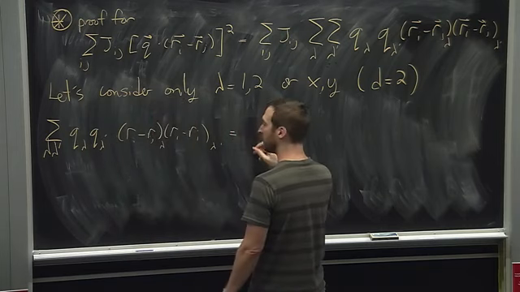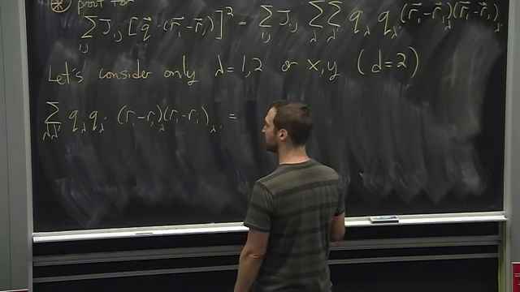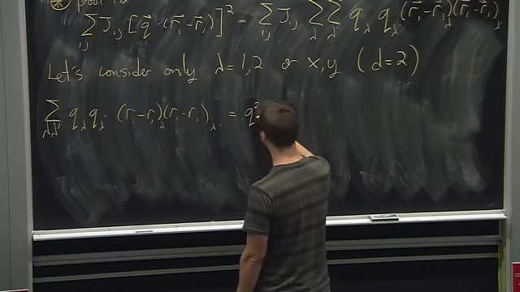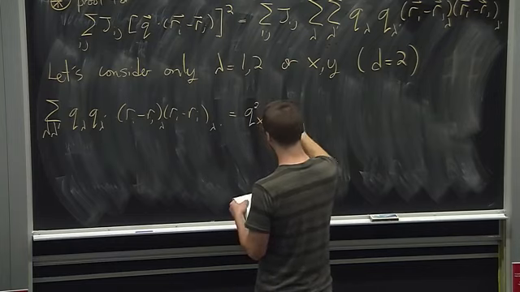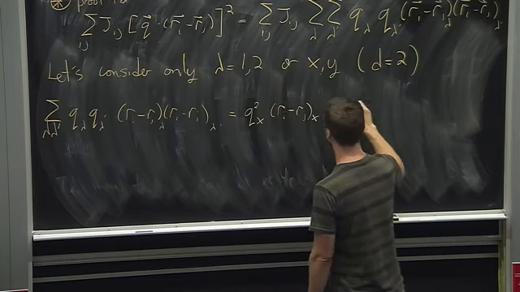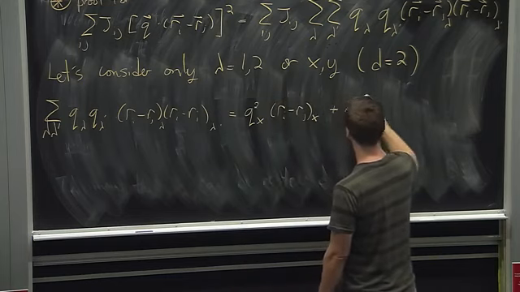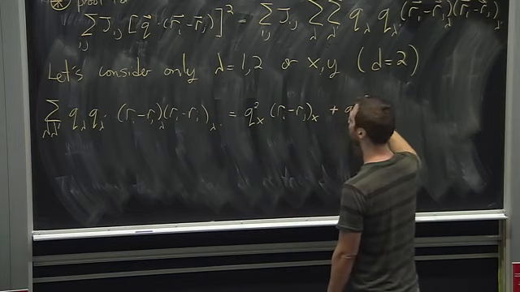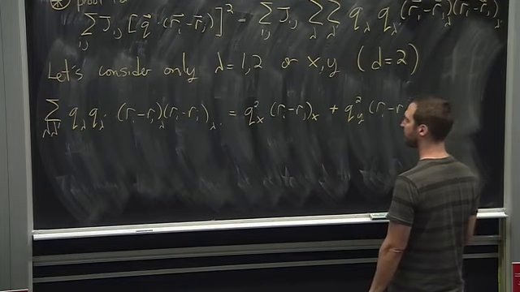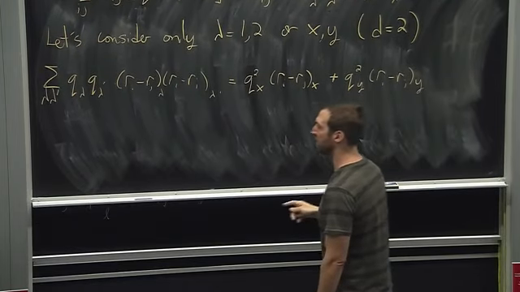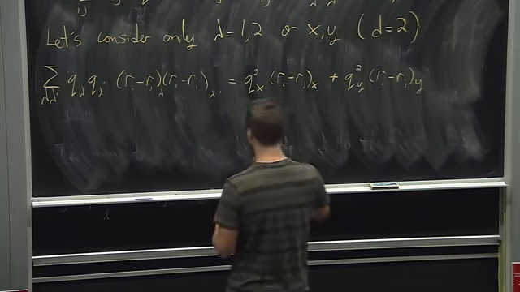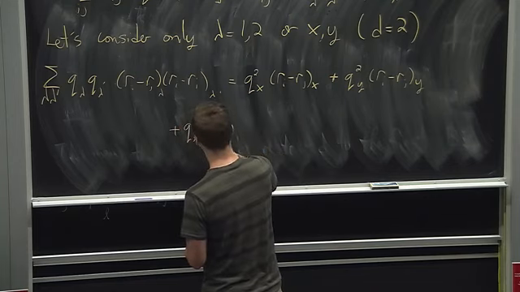I'm getting lazy, but there's just four elements in the sum, right? So when both indices are equal to x, you'll get something like this. When both indices are equal to y, similarly. But you can have lambda equals x, lambda prime equals y, and vice versa. So you need cross terms.